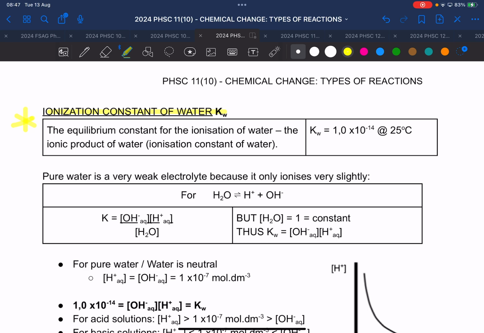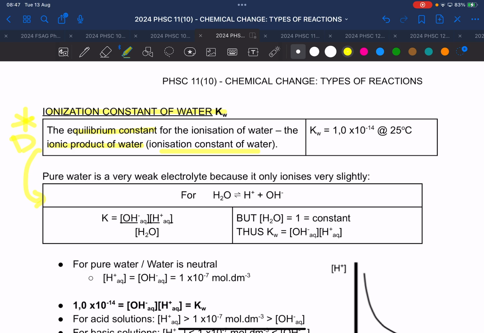Okay, right. So it says there the definition that you must know. This is grade 12 work. The equilibrium constant for the ionization of water is the ionic product of water. We call it the ionization constant of water. Okay, so that is this here.